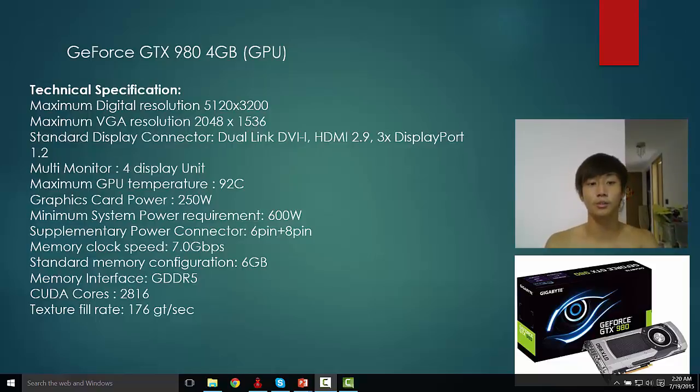It also has a maximum temperature of 92 degrees Celsius, and it requires 250 watts of power to run. Furthermore, it has a 6-pin plus 8-pin supply power connector, and the memory clock speed is around 7 GB per second.